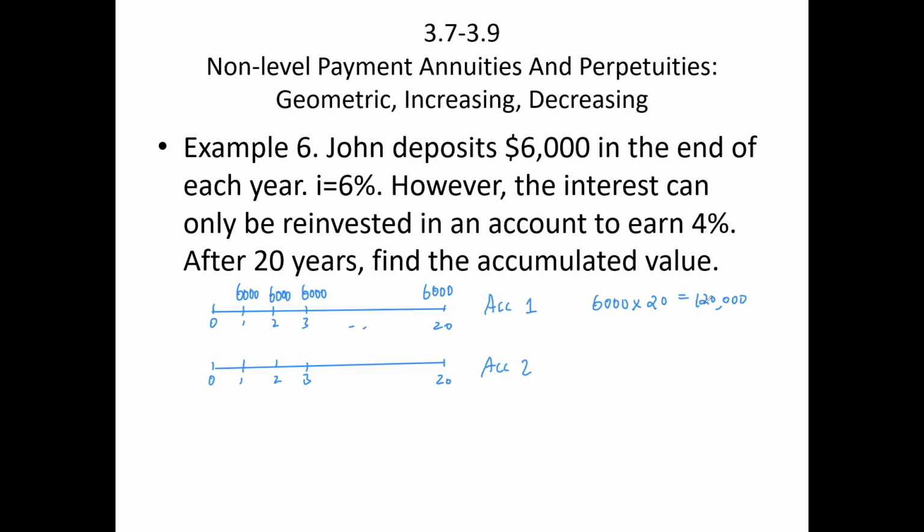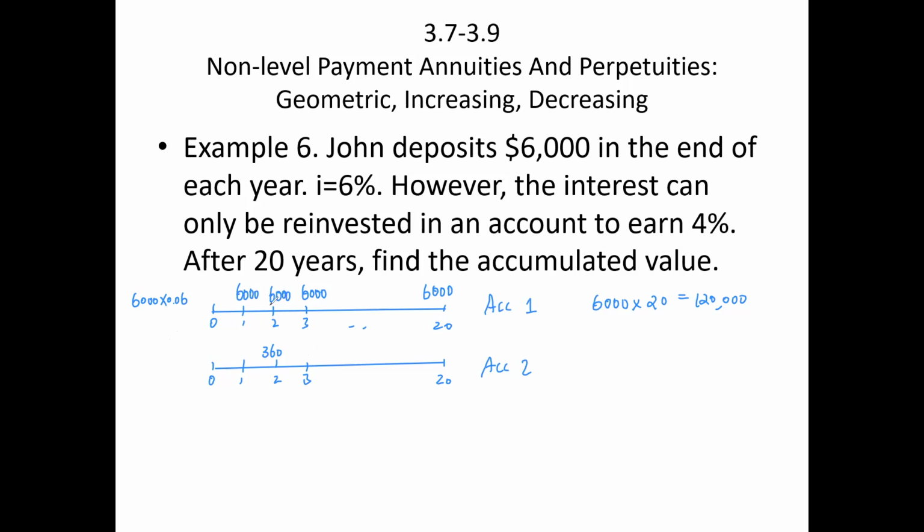Now for the second account, it's a little bit more interesting. At the end of the first year, nothing happens because there's no interest. At the end of the second year, John would have $6,000 times 0.06, which is the interest he earned from the first account, but it will be invested in the second account. So it's 360. And then the next year, 360 doesn't disappear, right?